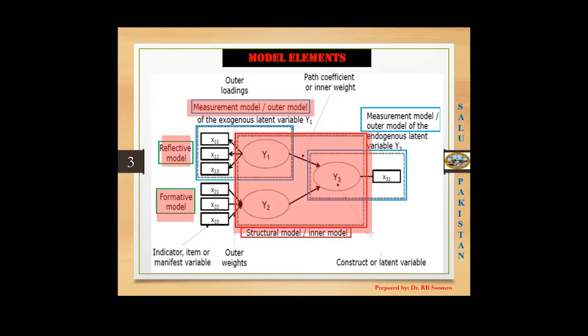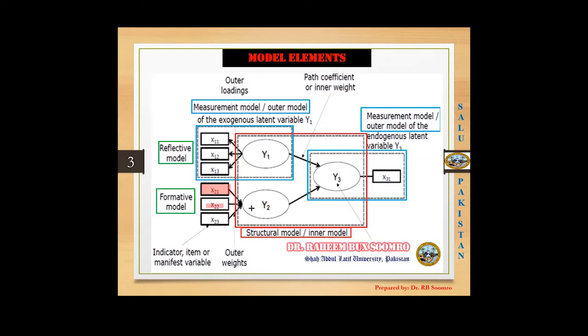Right now we are discussing the formative model, and in the formative model we have to check the impact of this indicator on this dependent variable, and then the impact of this one on this one. In this way, whatever indicators are available, we have to check individually the impact of each indicator on the dependent variable.